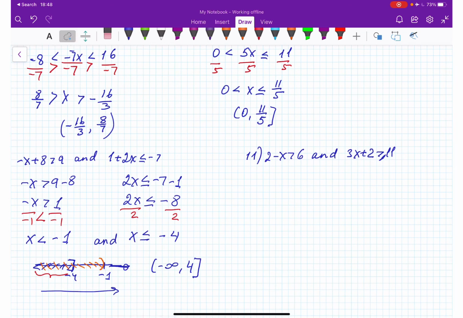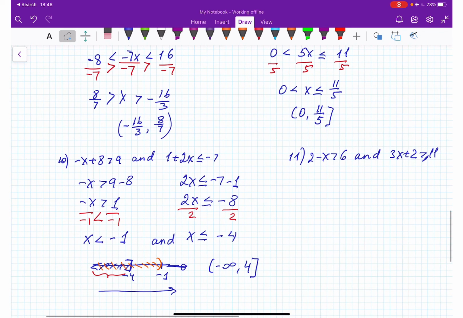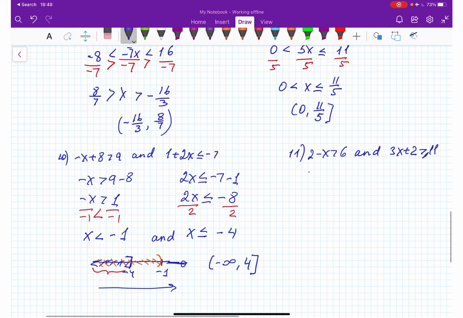Actually, let me move a little bit this way so it won't be in the corner. Okay. So we have negative x greater than 6 minus 2, negative x greater than 4, and we divide by negative 1, right? And we flip the sign also.